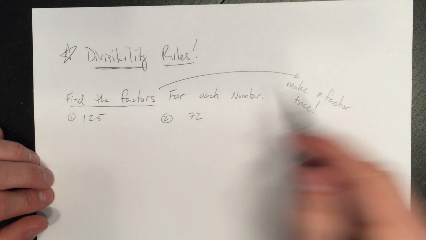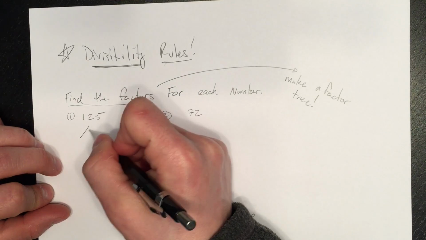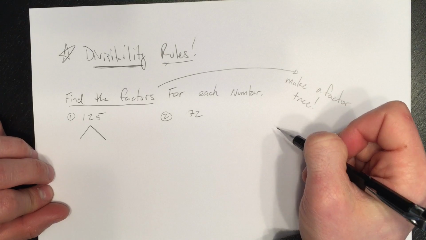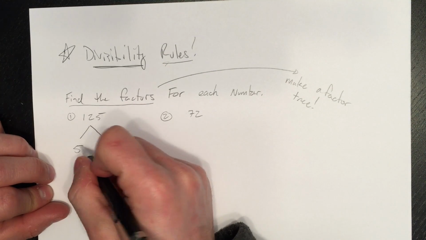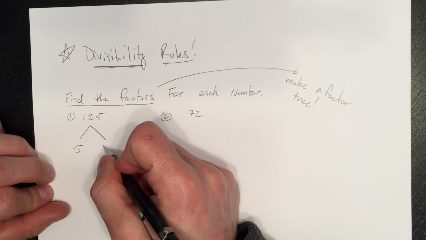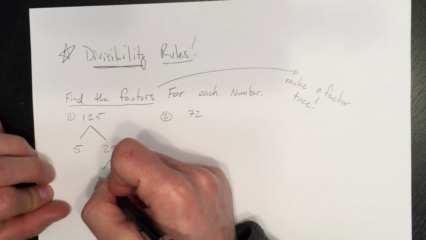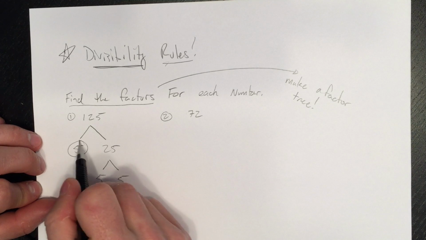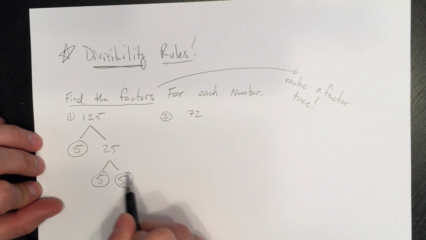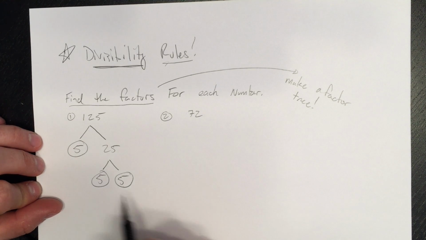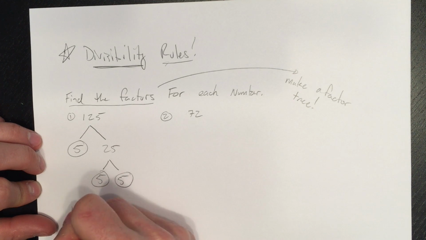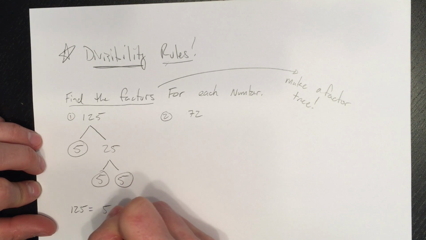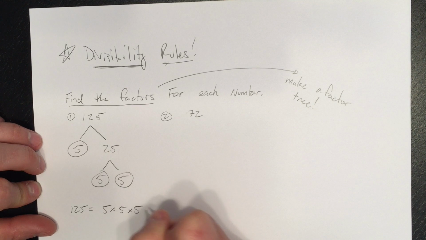Okay, now 125 can be broken down into 5 and 25, which can be broken down into 5 and 5. So the factors are 5, 5, and 5. All right, so we can say 125 equals 5 times 5 times 5.